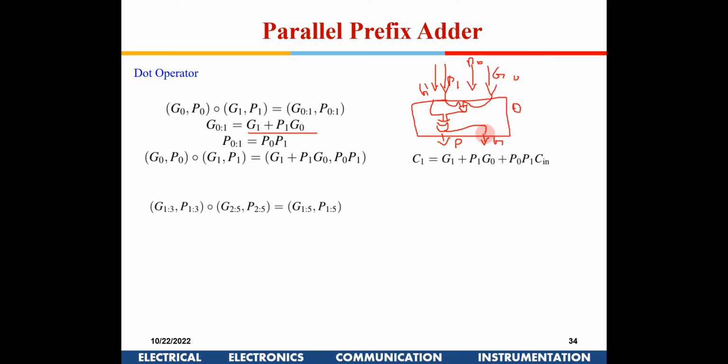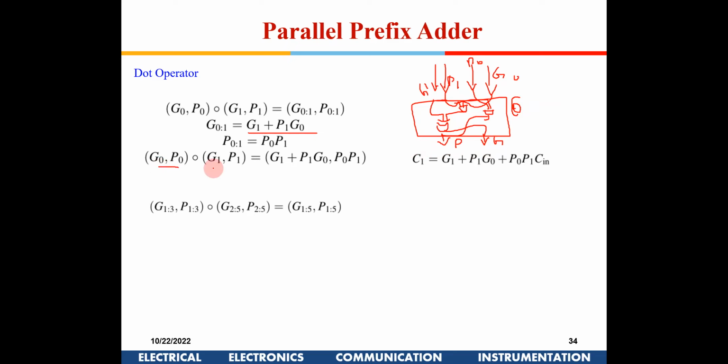And how is P generated? P is just an AND operation of P0 and P1. So this is the hardware inside the dot operator.